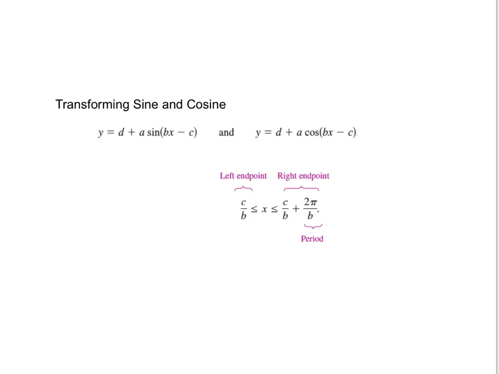We're going to explore that a little more closely, but you'll notice the period of the transformed one will always be 2 pi divided by b, because it always ends at a full circle, a full unit circle, but it's going to be shrunken by whatever b is. So 2 pi divided by b. You'll also notice here, this is actually our horizontal shift. Instead of starting at 0, we're going to start at c divided by b. And again, we'll look at that tomorrow.